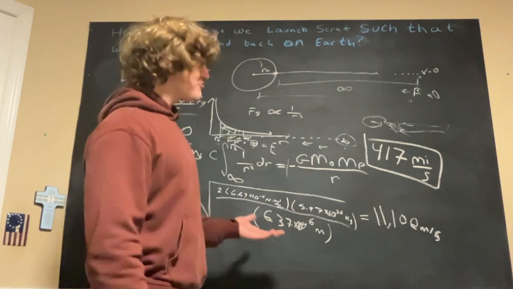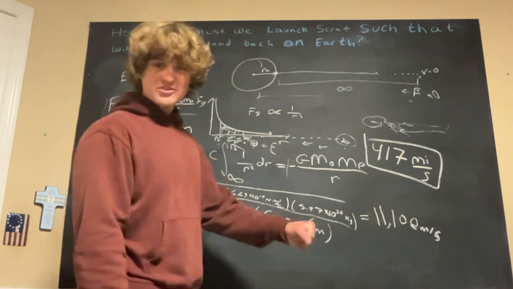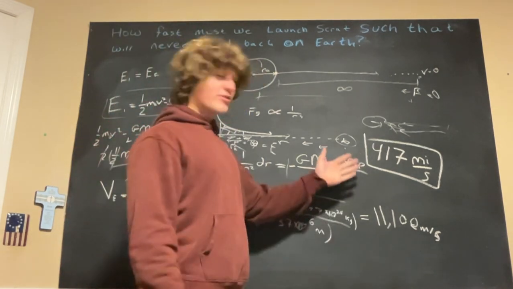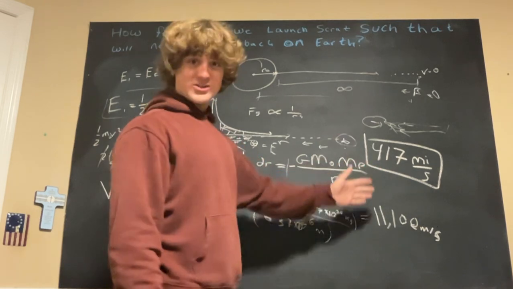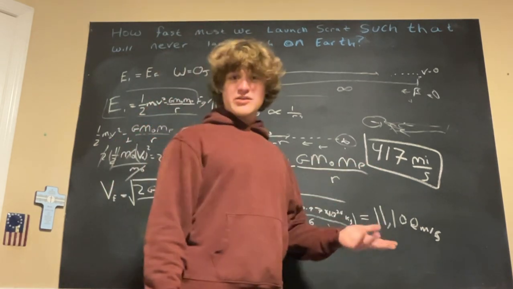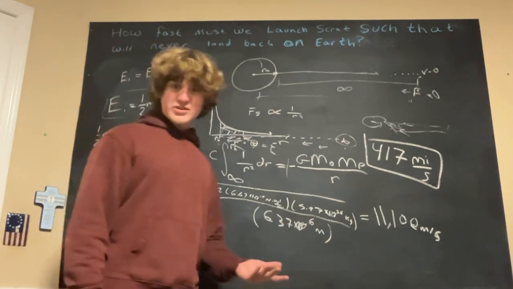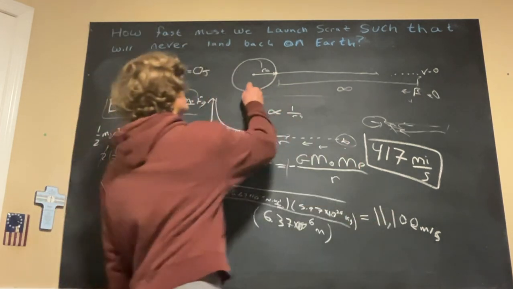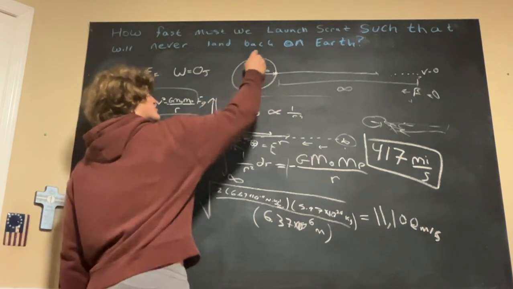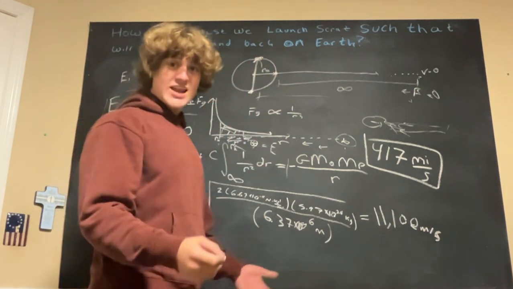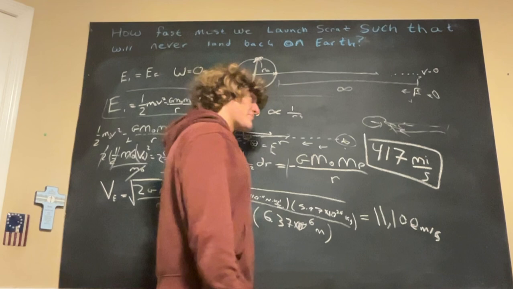Think about that. 60 miles an hour in a car seems like you're zooming. You are going 417 miles in 1 second. You could cross the continental United States in minutes. It'll take you about 20 minutes to get from the South Pole to the North Pole, assuming you went straight through the Earth. That is crazy fast.